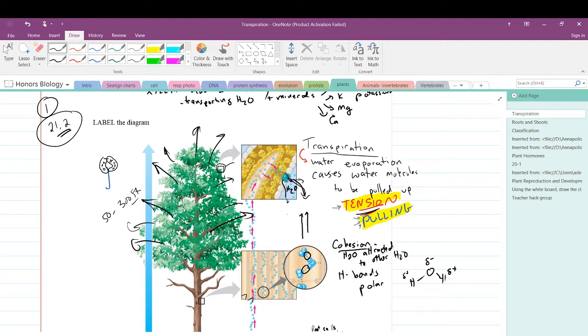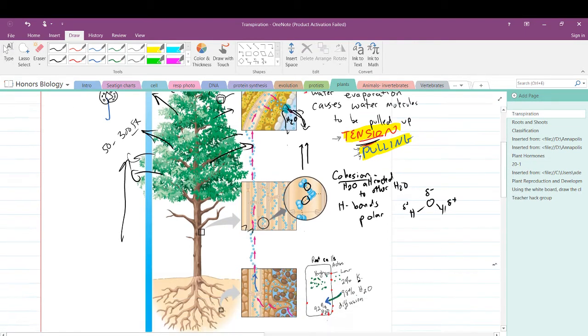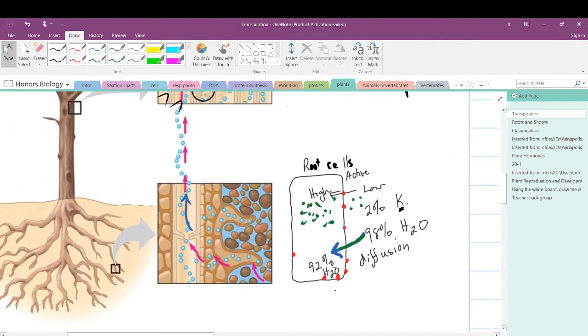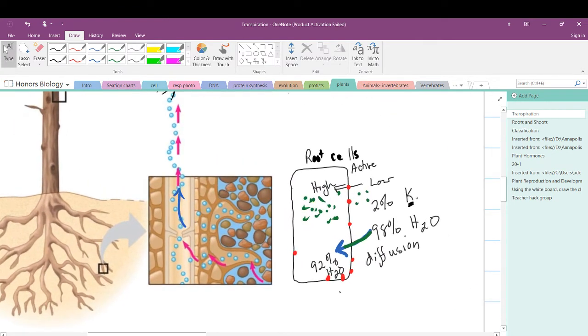So between the transpiration of water out of the leaves and the cohesion of the water molecules from below, you have the pull of the water up the column of the tree or plant, and it's those stoma that are involved in that. Now, the only time that the plant has to expend any energy is down at the root cells. The root cells actively transport the ions. Think of potassium.